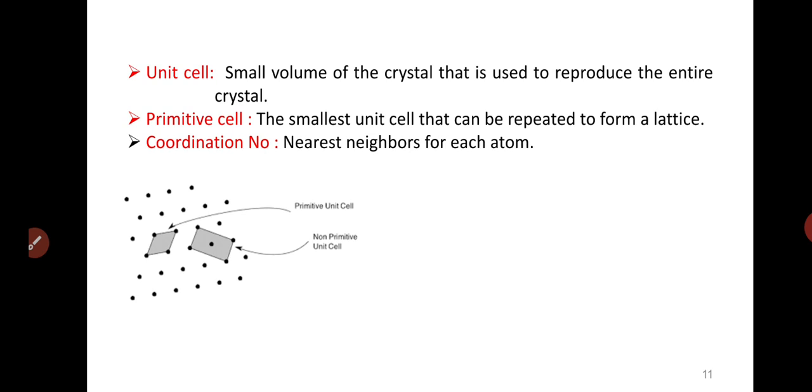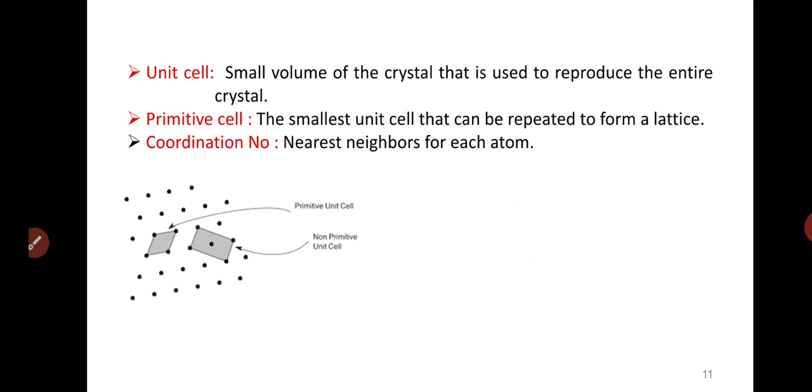Here, as an example of such a lattice, is a two-dimensional arrangement of atoms. It is also called a rhombic lattice with a cell that is called a primitive cell. Then what do you mean by the primitive cell? The smallest unit cell that can be repeated to form a lattice is called the primitive cell.